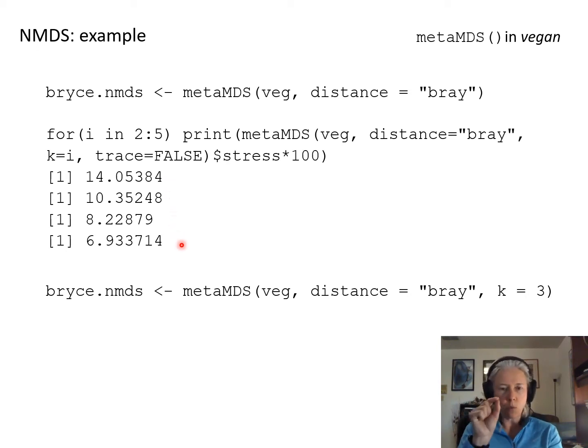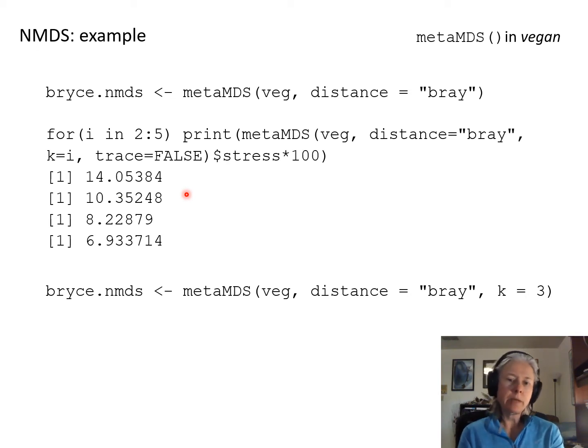And what you're looking for is where you get the largest relative drop-off. In this case, the difference in stress from K equals 2 to K equals 3 was nearly 4 points.